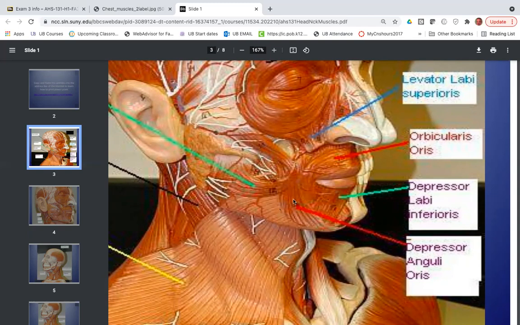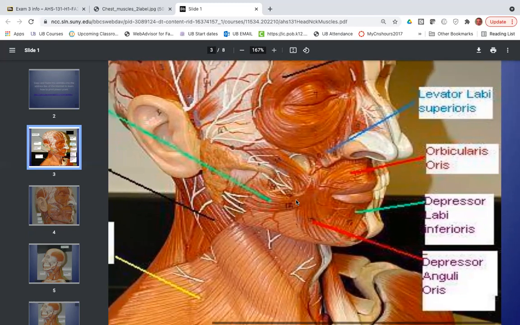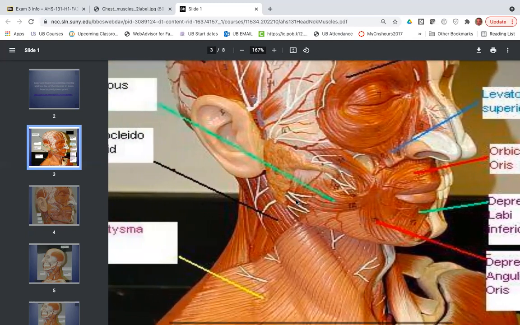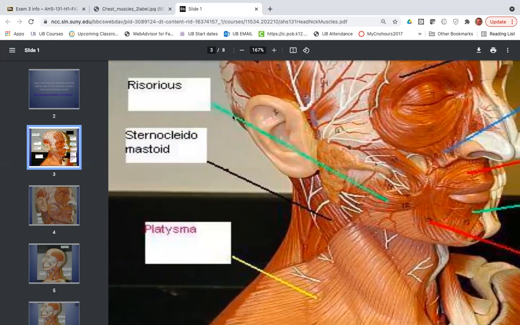But there's one here that goes to the angle of the mouth, right here in this direction, and that's a depressor anguli oris. This green line right here, going to the side of the mouth this way, is called a risorius.